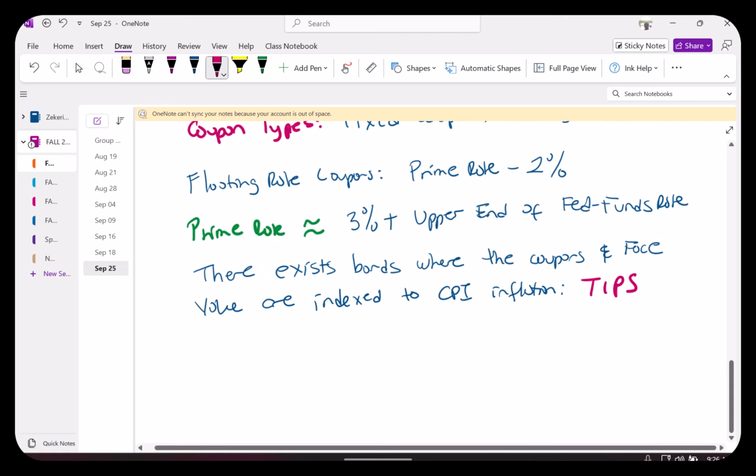There may be other conditions in the bond, which we're going to talk more about next week. For example, one of the conditions could be, are there any restrictions on the issuer? These are so-called covenants. Some covenants are negative covenants.